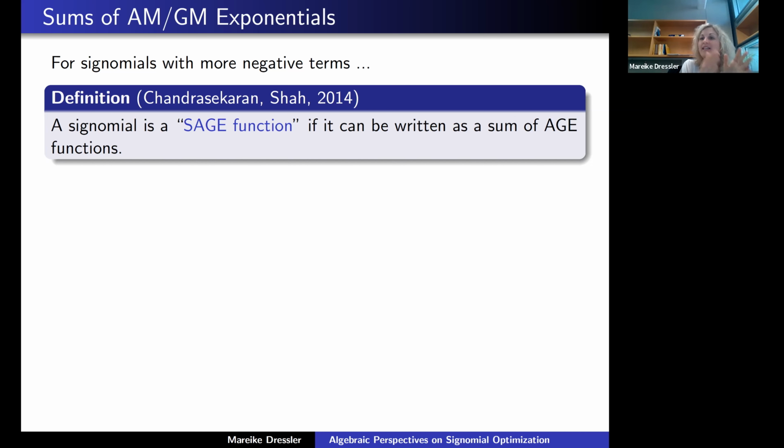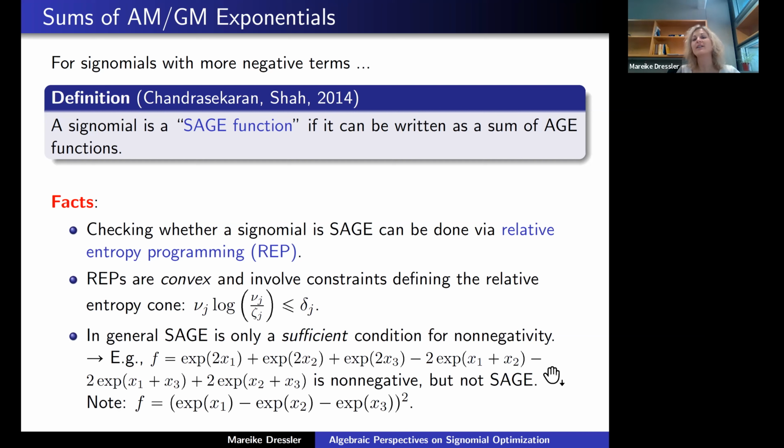Clearly, as each term of this SAGE decomposition is globally non-negative, SAGE functions are also globally non-negative. And this very general case can be checked via a convex optimization problem, namely relative entropy programming.